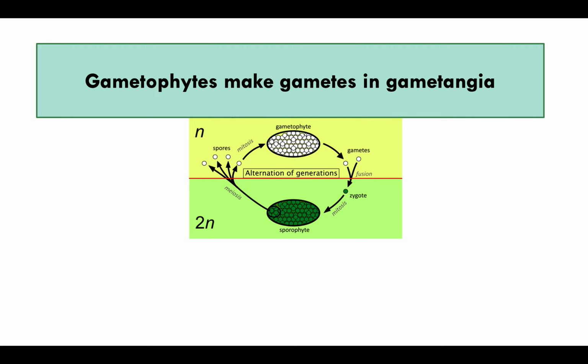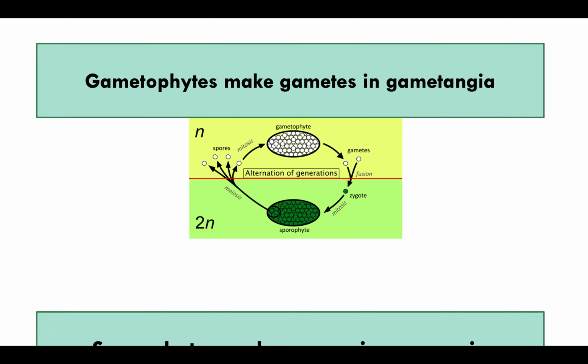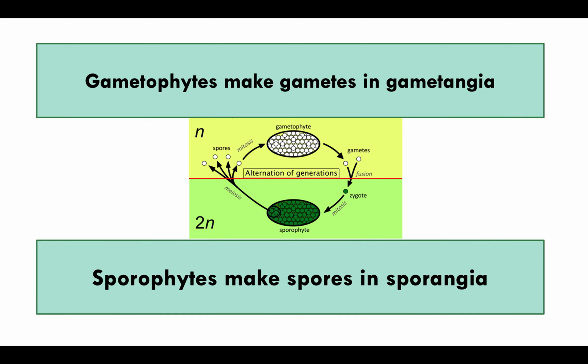But we're not at pollen yet. We have not gotten there. We're only at our spore-bearing plants. So these guys do not have pollen grains. They only have spores. So gametophytes make gametes in gametangia. And then our sporophytes are going to make spores in houses called sporangia. So the sporangia house the spores. Okay, so don't forget that.